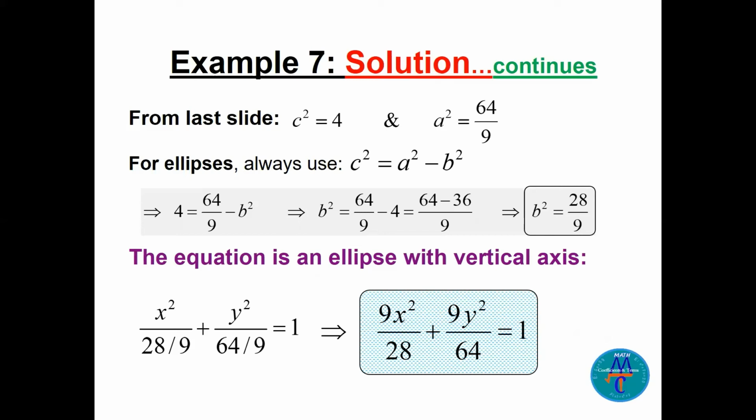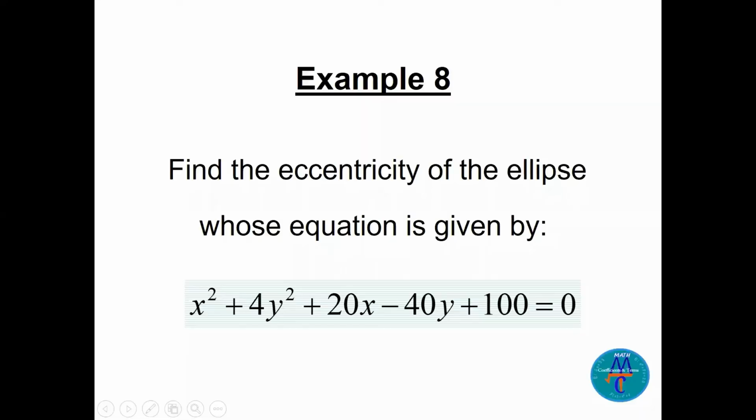So take b squared to the other side, bring the 4, make the LCD 9. So b squared will be 28 over 9. Now be careful here, please. The ellipse has a vertical axis. So b squared will be under the x and the bigger number, 64 over 9, under the y.